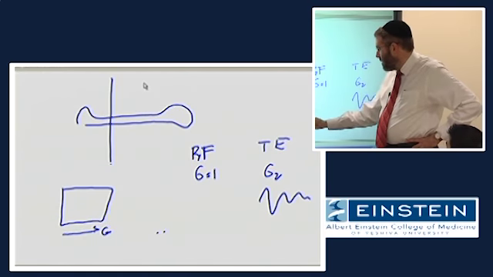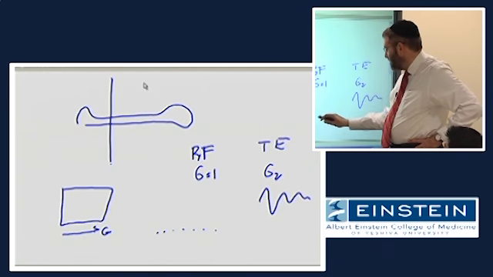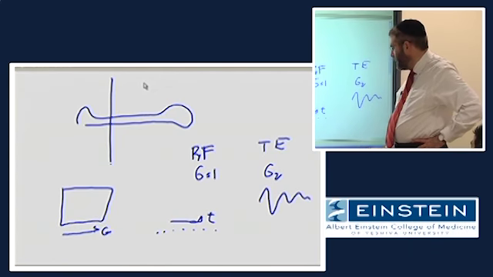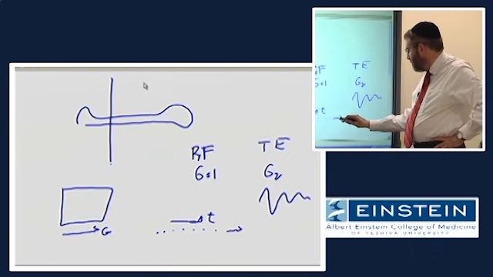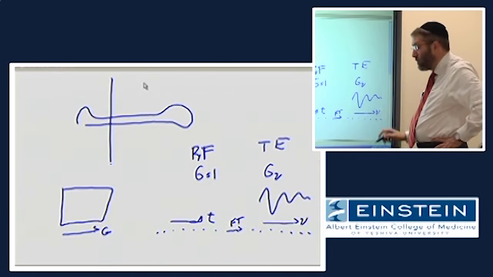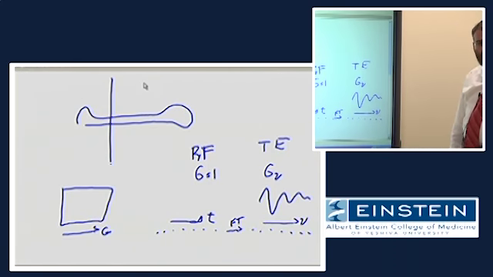We can acquire multiple samples of that signal over time. And by performing a Fourier transform, we can now have multiple samples of signal that correspond to different frequencies.